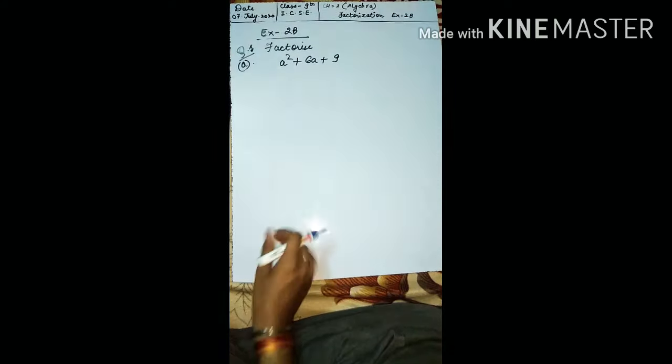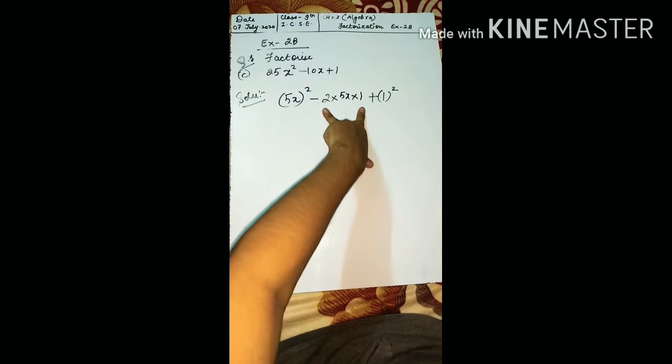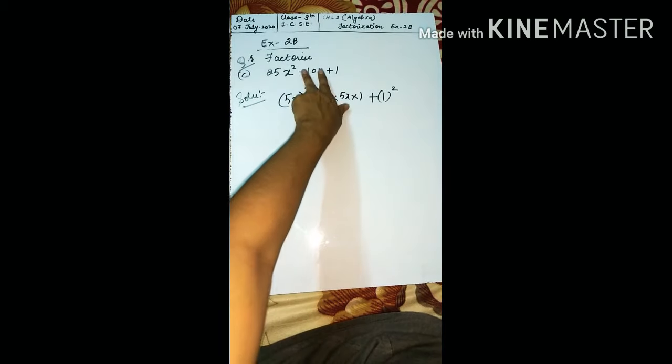This is the C question. It is 25x square minus 10x plus 1. Let us solve. This 25x square can be written as (5x) square minus, leave some space, 1. 1 is a square of 1. We got a, b. Let us write in accordance with the identity, 2 into a into b, and just check whether on finding the product you are getting this term or not.